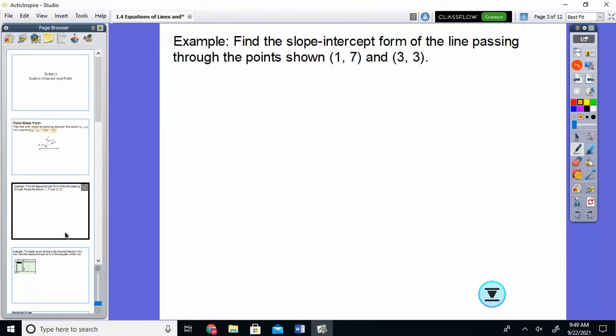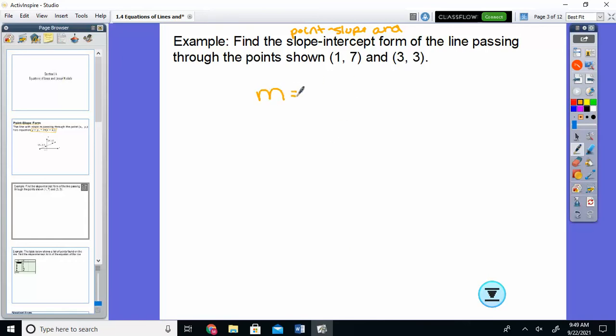So let's do point-slope and slope-intercept of this line, going through these points. So first, what am I going to have to do? Find the slope. Find the slope.